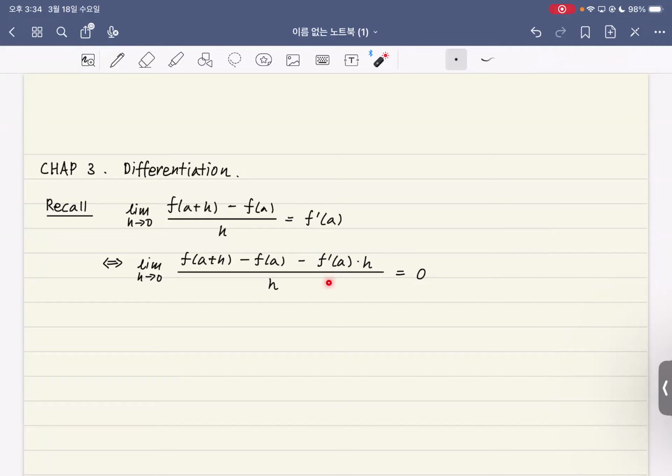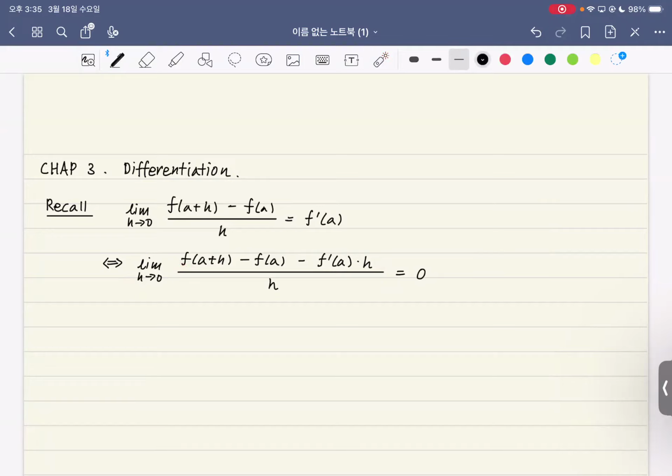Why is it a big deal? Since h is tending to 0, in order for this limit to exist, the numerator must also go to 0, since the denominator goes to 0, right? So as h is really close to 0, this should be tending to 0.